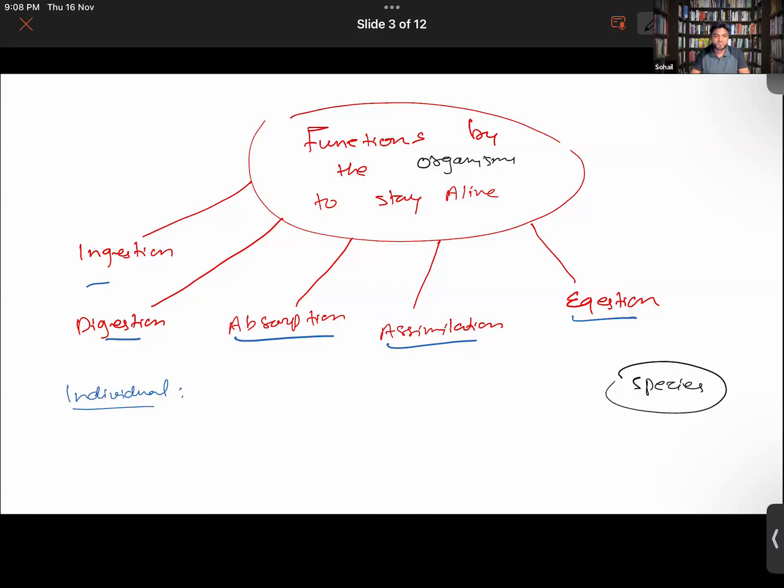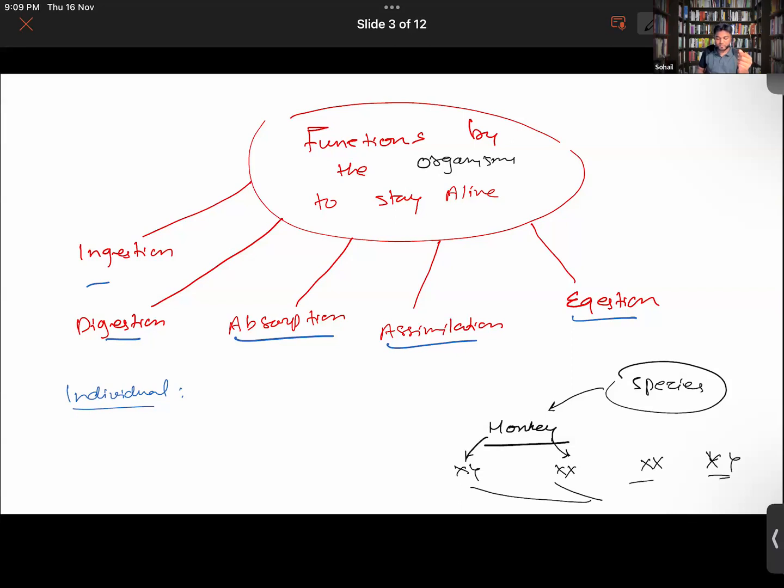Is that clear? Yes, sir. Okay, so species is often defined as the largest group of organisms in which any two individuals of the opposite gender can mate and give birth to an individual. For example, with the species of a monkey, any two monkeys of opposite genders can mate and give birth to an individual, either male or female.